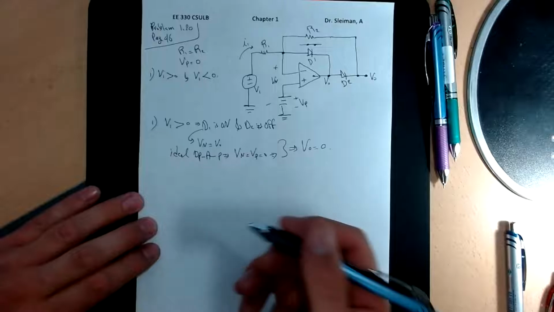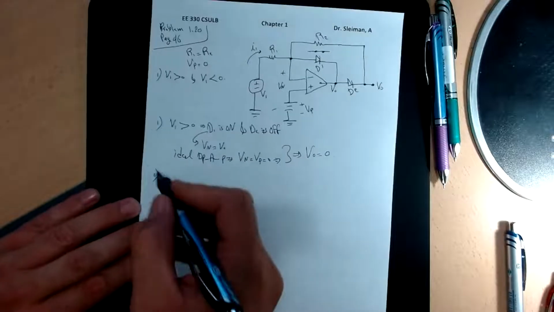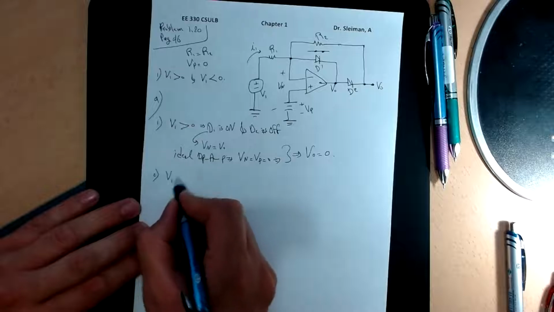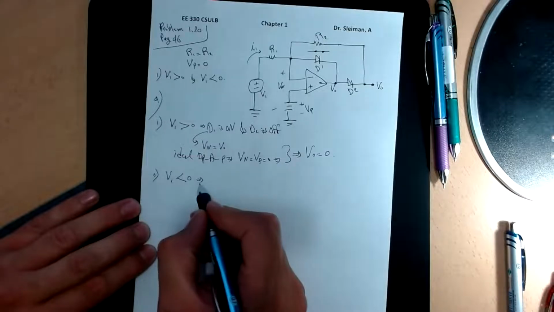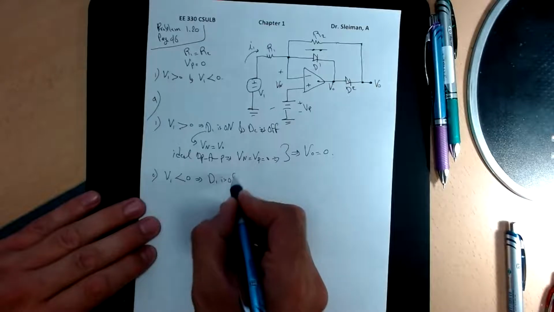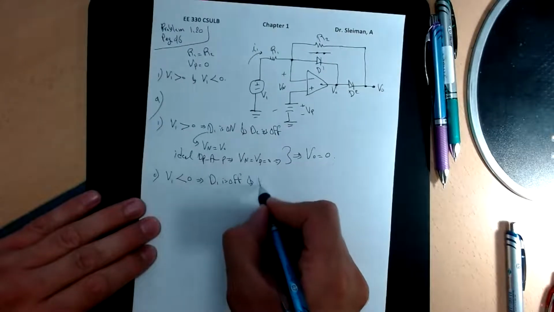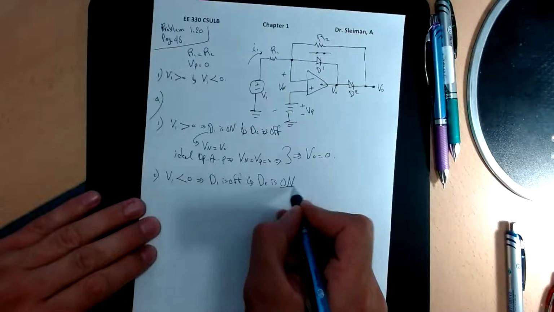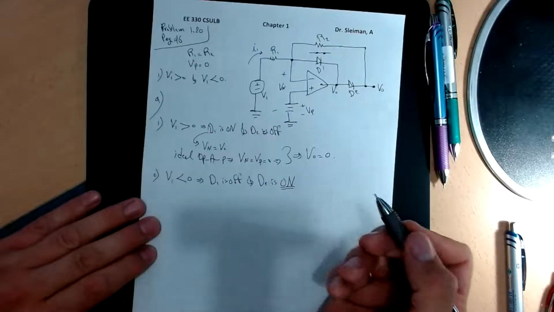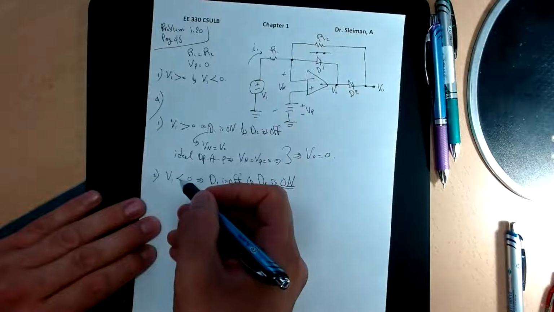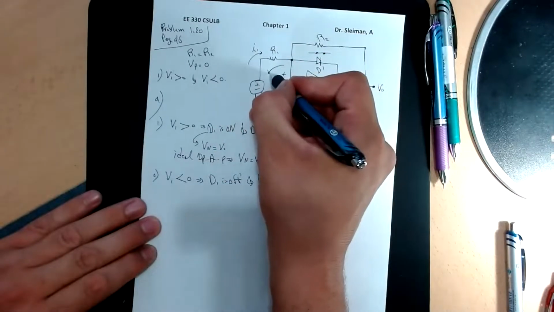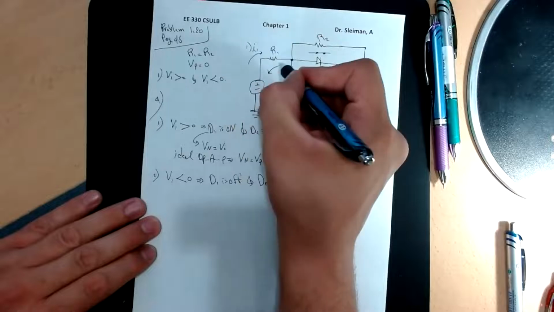So the second case, this is part A. We're doing A. For V1 is less than 0, that means D1 is off and D2 is on. So the current on the second case, this is for the first case, number 1.